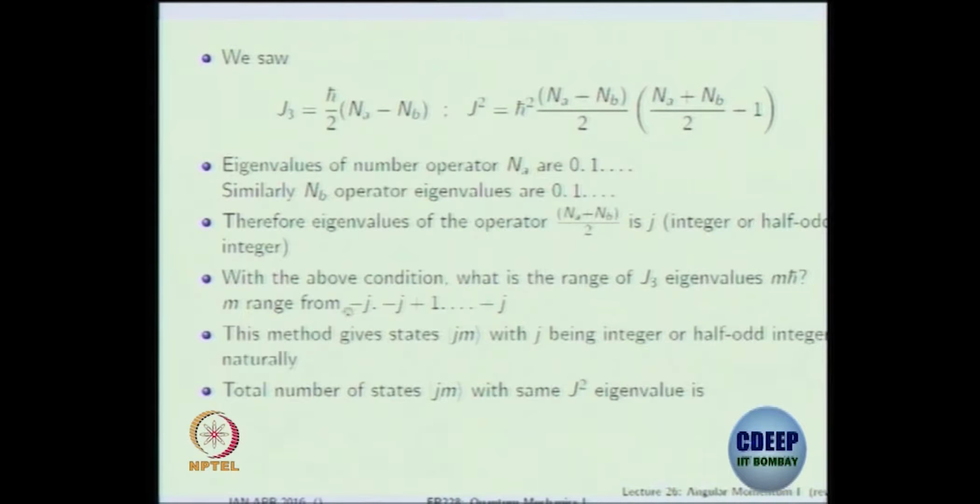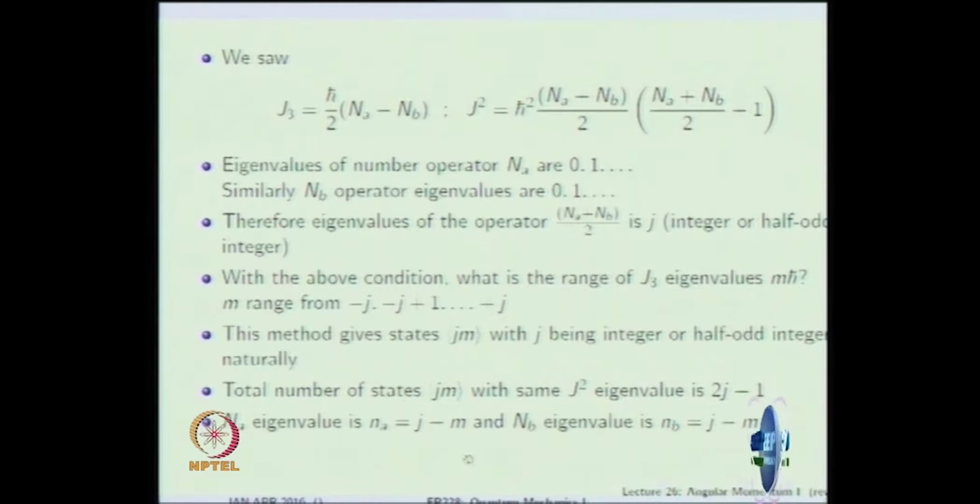The number of states with the same j squared eigenvalue will be 2j plus 1. You can also rewrite the eigenvalue of Na in terms of j and m. We will see why we want to do this. Given Na plus Nb by 2 is j, Na minus Nb by 2 is m.